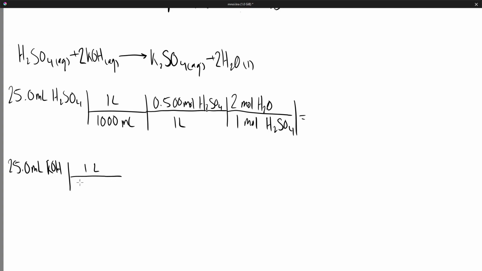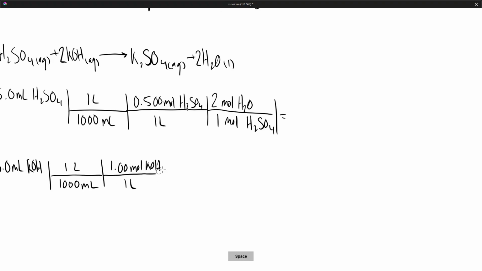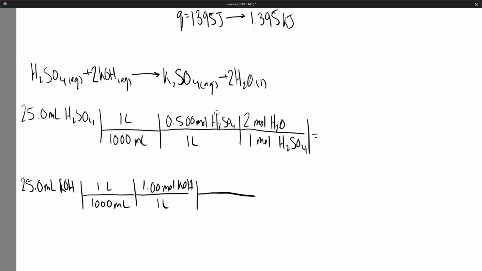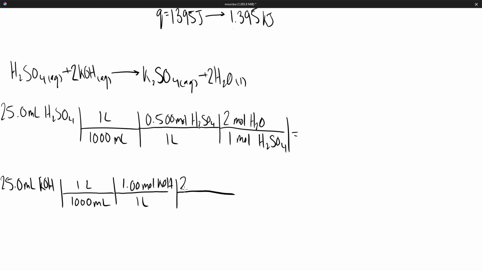We convert it into liters, and from there we use its molarity, which is just 1.00 per liter. And we find the ratio. It's 2 to 2. So it's 2 moles of water for every 2 moles of potassium hydroxide. You can simplify this down to just 1 to 1.